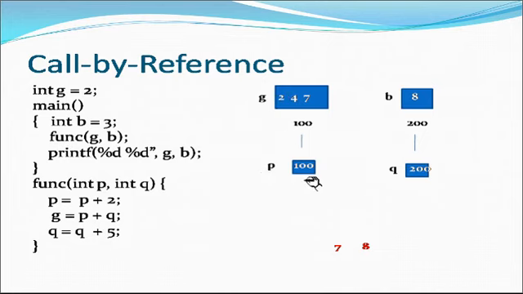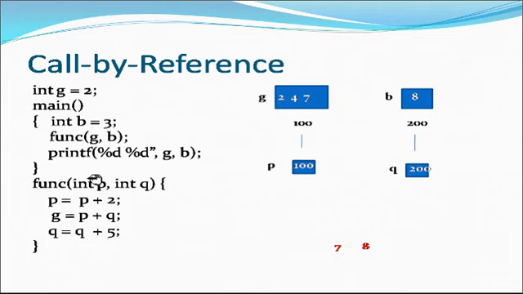So the value of P is 100 and the value of Q is 200. Now what happens? When the function call is made, the first statement makes P become 4. Initially it was 2, now this will become 4. Why am I writing 4 in the box for G?